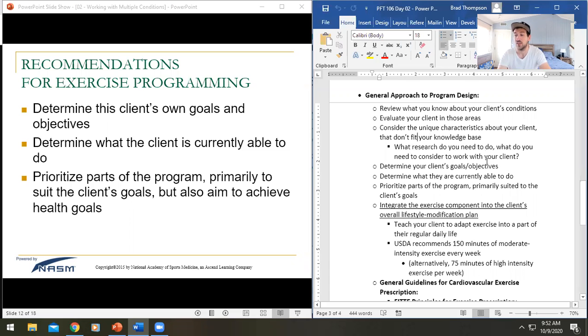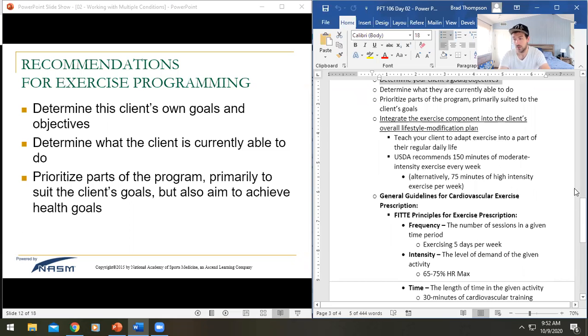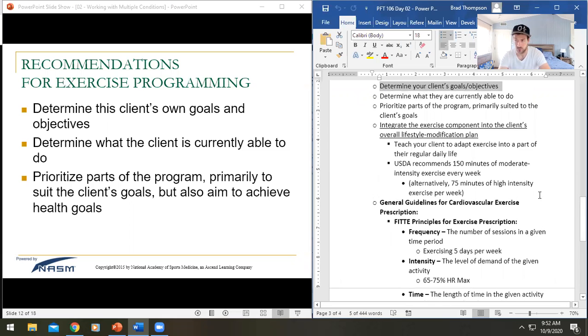So what we did is we did a little bit of research to understand how to work with our client. We worked with our client to determine goals and objectives. My client who had MS, we just said, all right, let's work on your balance. That's our goal. Those are our objectives. Then determine what they are currently able to do, so again, figure out their functional capacity. I think we've talked plenty about that.